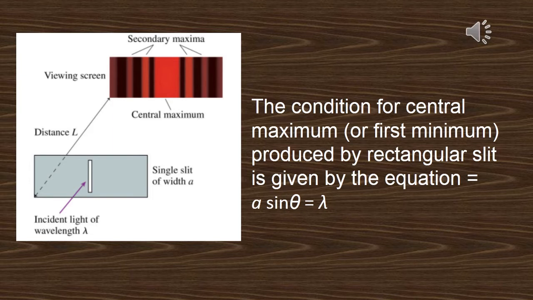On either side of the central maxima, we are able to observe two minima. They are called first minima. After first minima, we observe a bright band, dark band, bright band, dark band, alternately formed. The most important part of the diffraction pattern is the central maxima and first minima. To observe the central maximum or first minimum, the condition is A sin theta is equal to lambda.